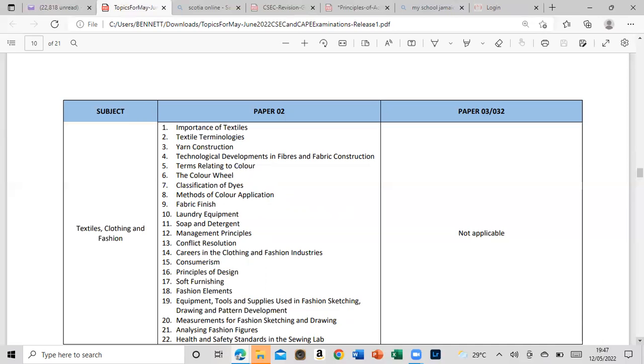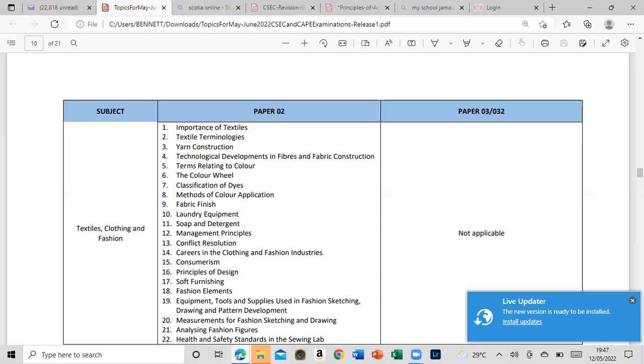Number 5, terms relating to color, the color wheel, the classification of dyes, methods of color application, fabric finishes, laundry equipment, soaps and detergents, management principles, conflict resolution, careers in the clothing and fashion industry, consumerism, principles of design, soft furnishing, fashion elements, equipment, tools, and supplies used in fashion sketching, drawing, and pattern development.